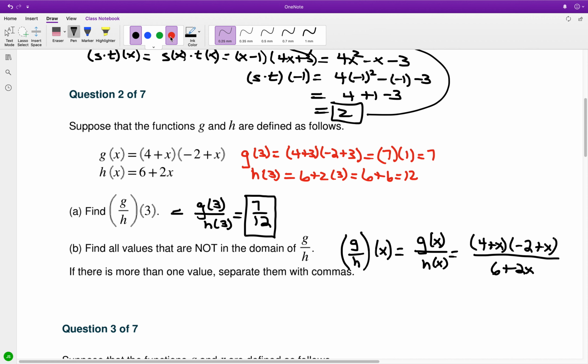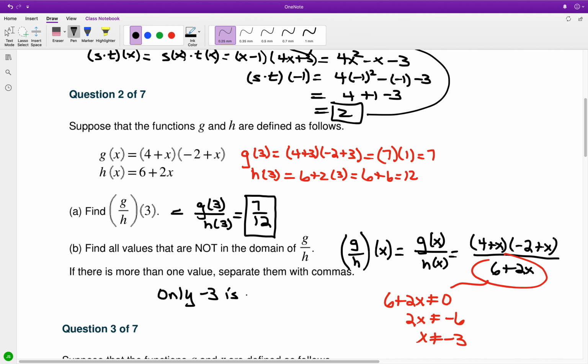Just for the restrictions we have for this rational expression, the denominator cannot be 0 in value. So if 6 plus 2x cannot be 0, that means that 2x cannot be negative 6. And so in this particular case, x cannot be equal to negative 3. So in terms of all the values not in the domain of g over h, for this result only negative 3 is not in the domain.